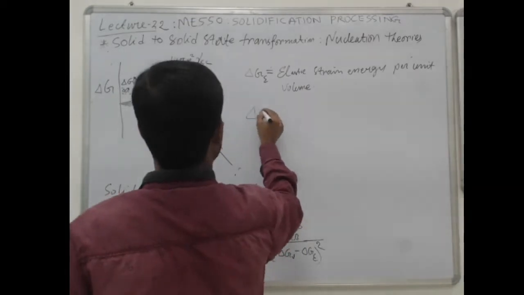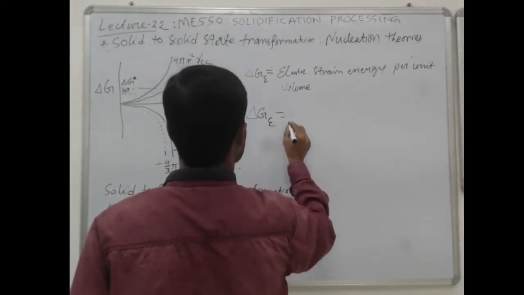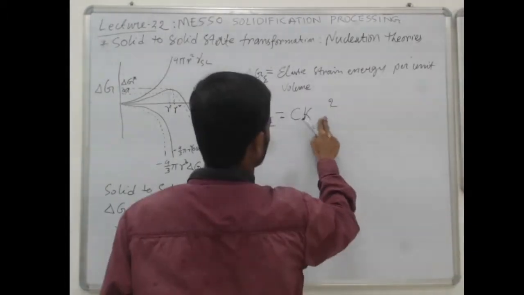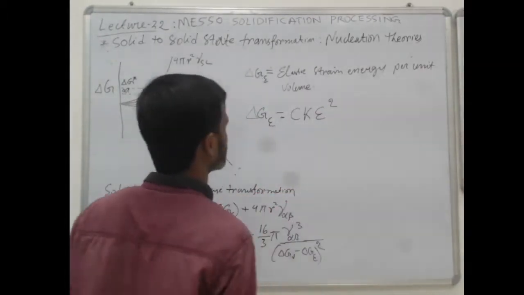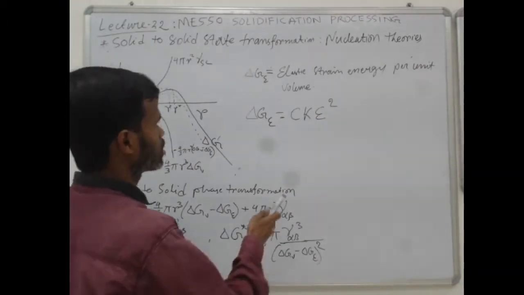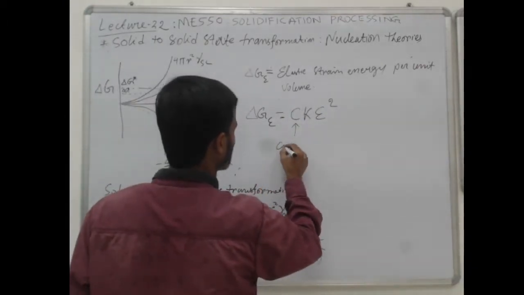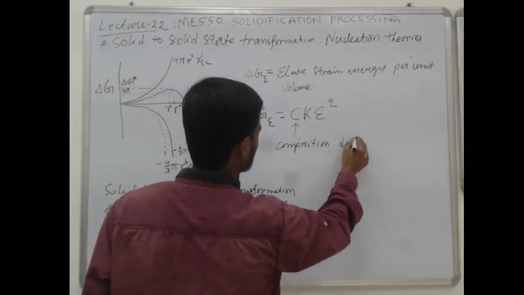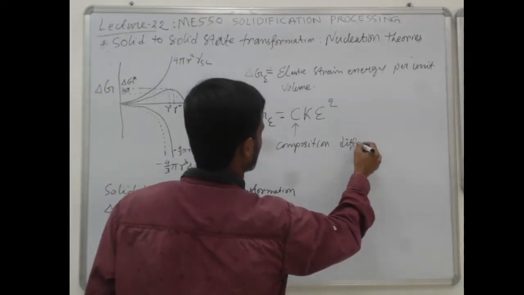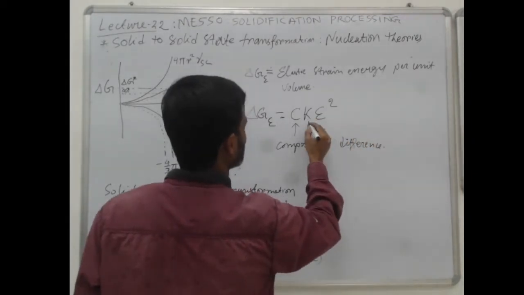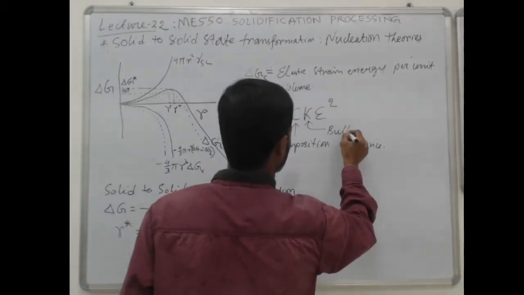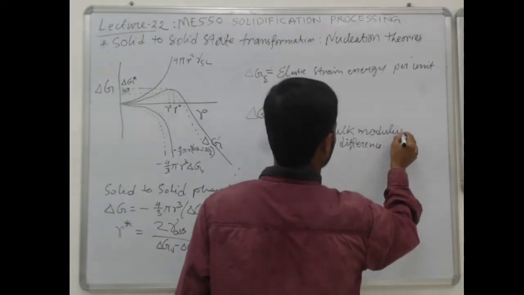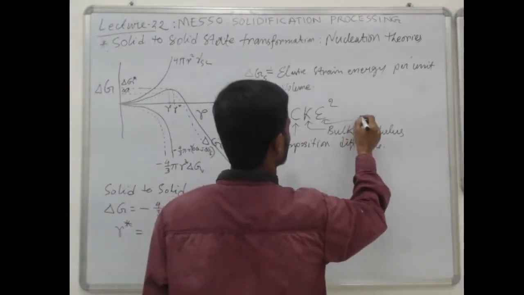So delta G E is given as C K epsilon square. So C and K are constants. C essentially represents composition, actually composition difference. K is a bulk modulus. And epsilon is strain.